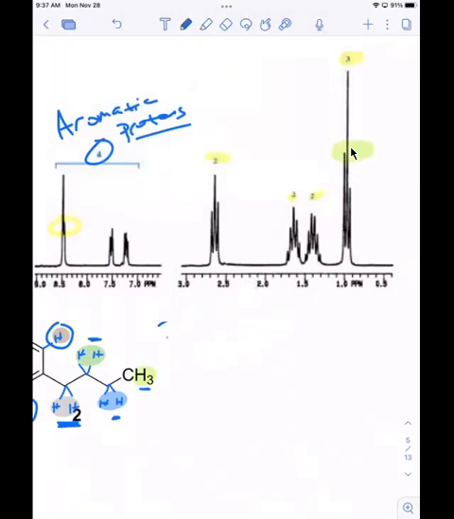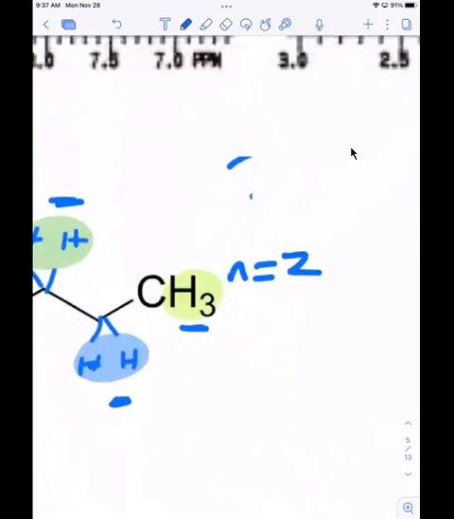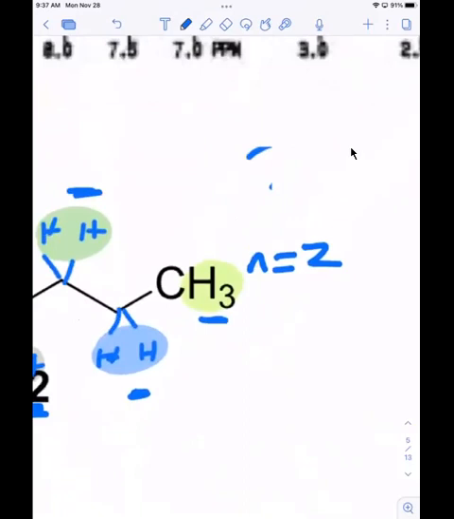And what should it be split into? How many neighbors does it have? It has 3... no, I'm going to count those as individual. So only what's next door to it.